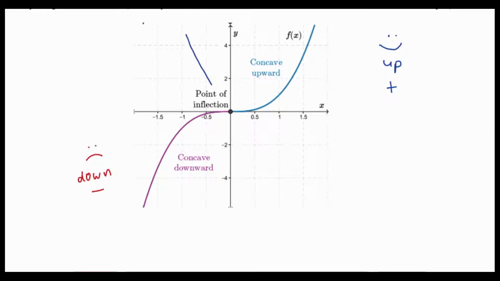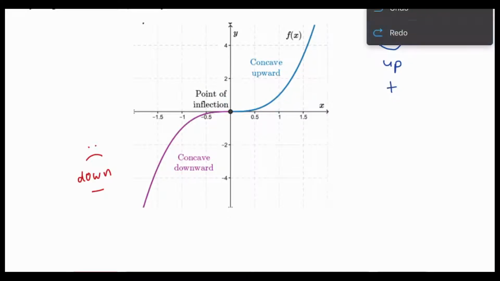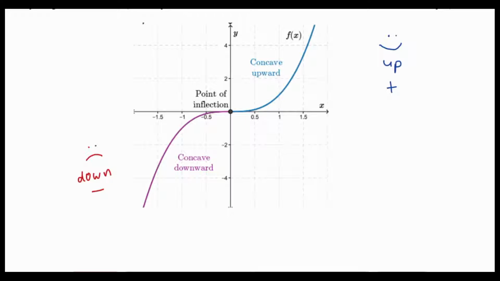So we could think if we completed that curve, we'd have a big smiley face there. So that's up. And in the middle, we have our inflection point, or point of inflection. And what's happening here is this is where concavity changes.